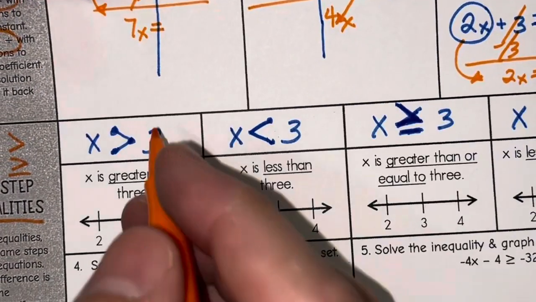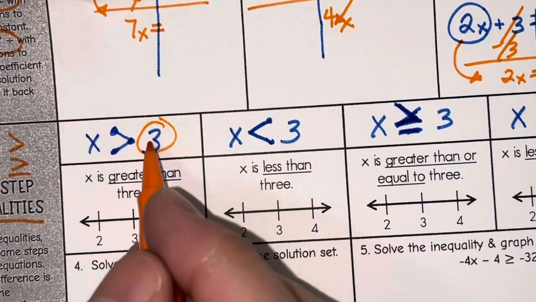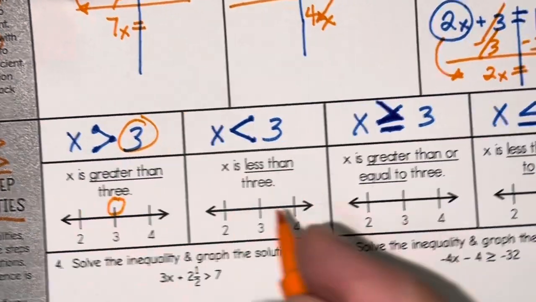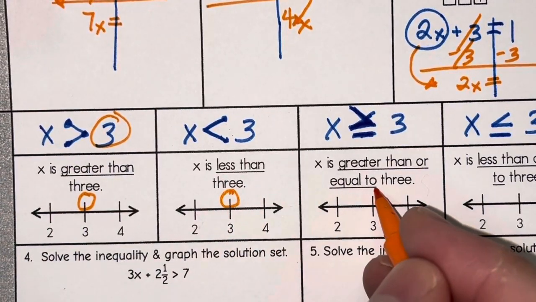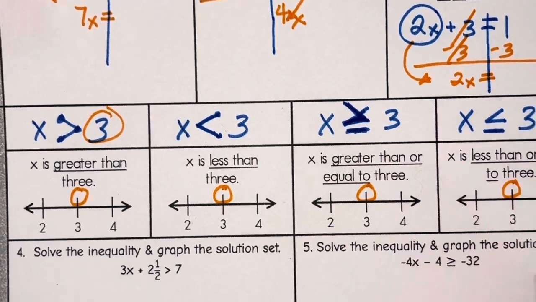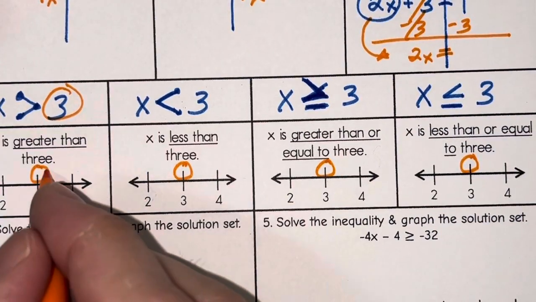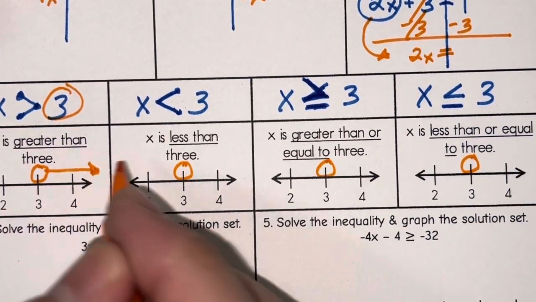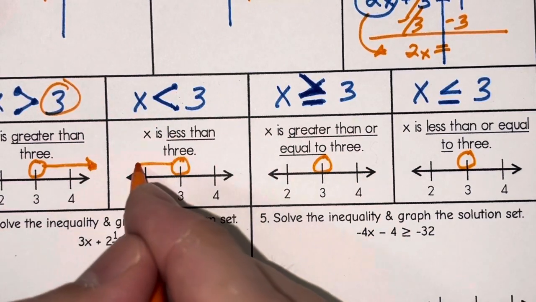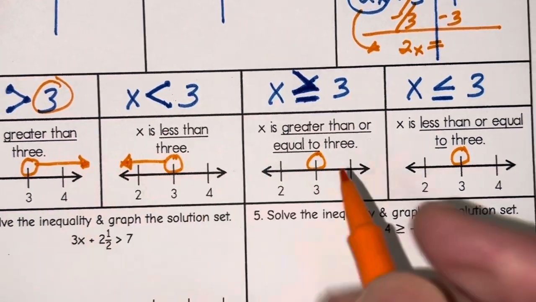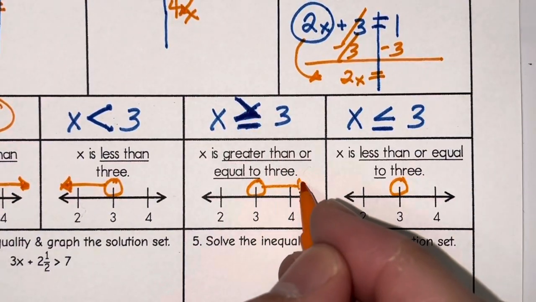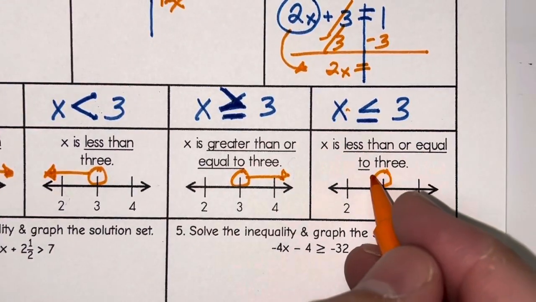Okay, so we're going to start where the value is being compared to, 3. And this is greater than, so we're going to put an arrow to the greater than side. This is less than, greater than, and less than.